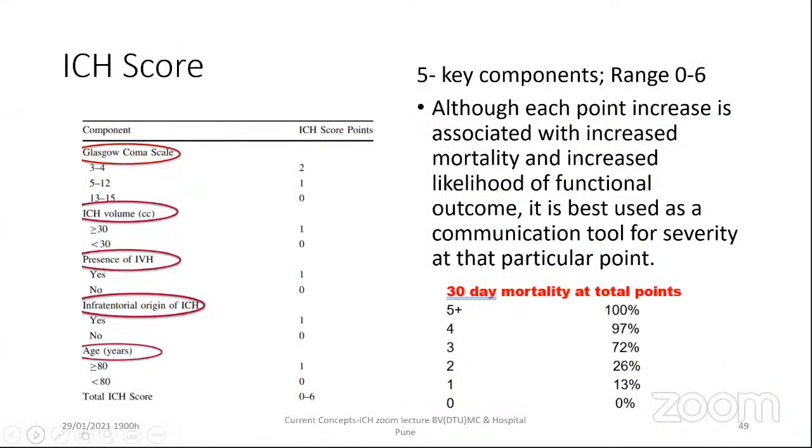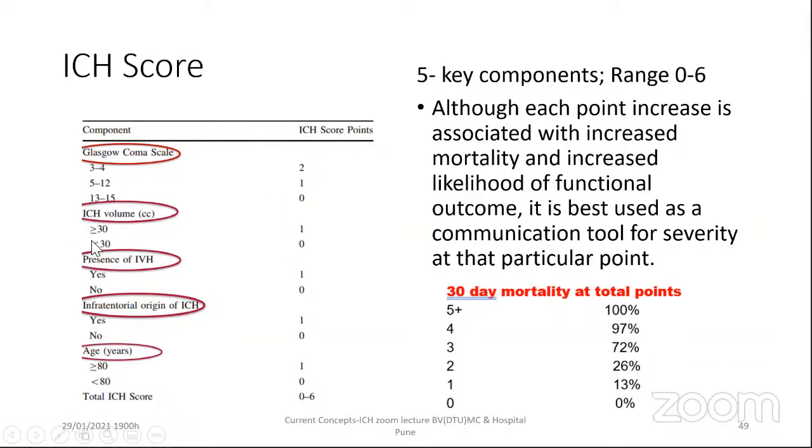We'll go by the ICH score. We usually do the ICH score in all our cases, and there are 5 key components, and the score ranges from 0 to 6. The Glasgow coma scale 3 to 4, 5 to 12, 13 to 15, and accordingly ICH volume more than 30, less than 30.